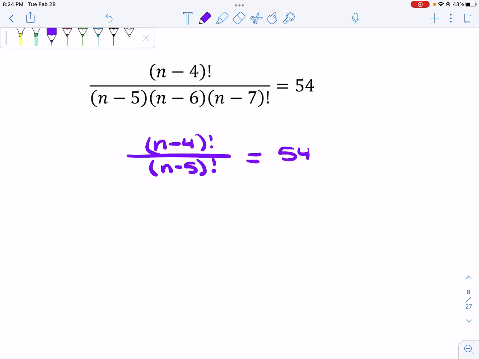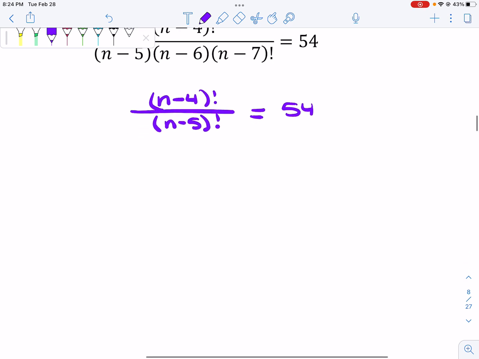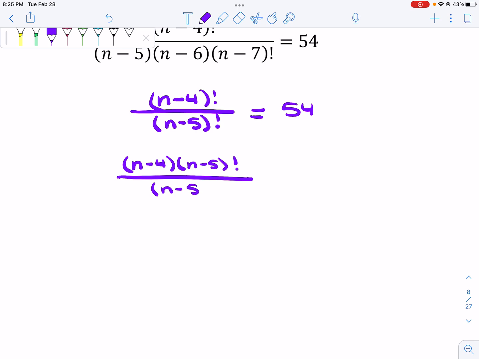Now, technically, that really hasn't helped me simplify anything, but I might notice that n minus 4 factorial can be written as n minus 4 times n minus 5 factorial. Oh, hey, check this out. Now we've got something top and bottom that's the same that can be canceled out.